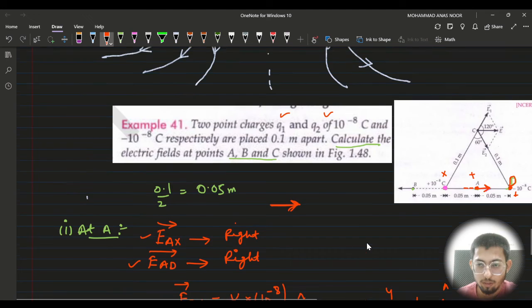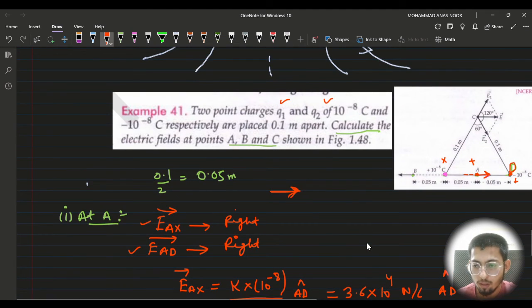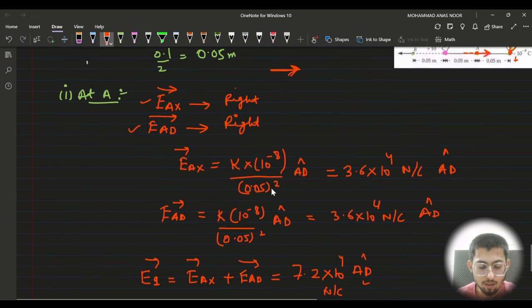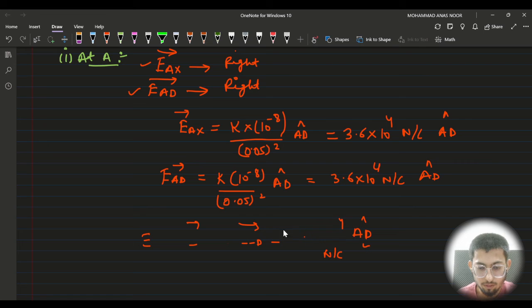So have you got the first part? Yes. Now let us move on to the second part. Second part is we want to find the electric field at point B. Where is this B? This is the point B, right? So let us first erase this because the figure is upwards.